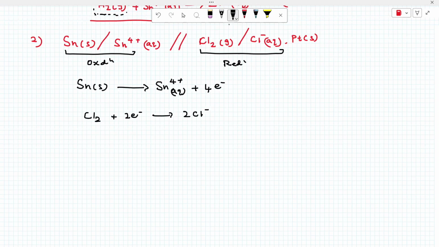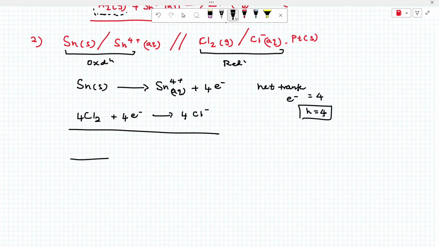Now we have 4 electrons, so we multiply the Cl2 reaction by 2. What is the net transferred electron, students? The net transferred electron is 4. That is, the n value is equal to 4.